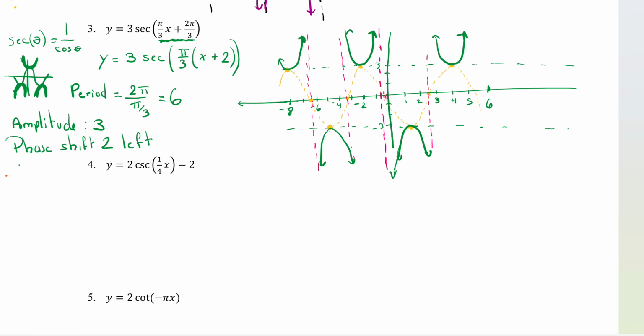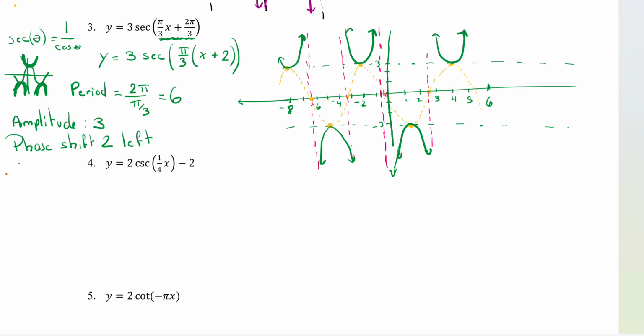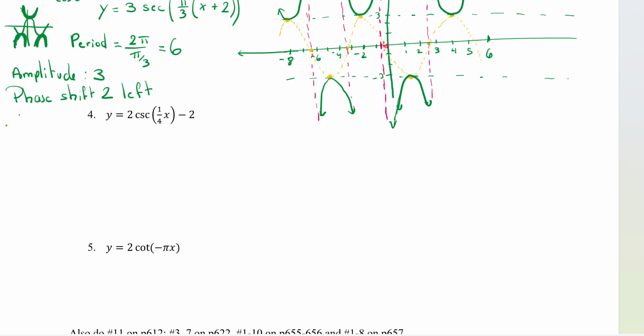Let's go gold for the number 4. Okay, we have an amplitude of 2. This is a cosecant, oh sorry, I said cosecant and I wrote cosine. Cosecant of theta is actually 1 over the sine.